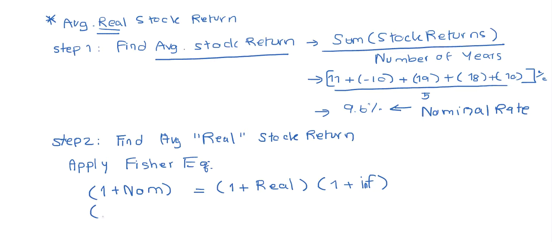Okay, so nominal rate we have here is 9.6, so 0.096. Real rate we don't know, and we know inflation equal to 2.7%. So with this, let me see what I get. So I got my real return.